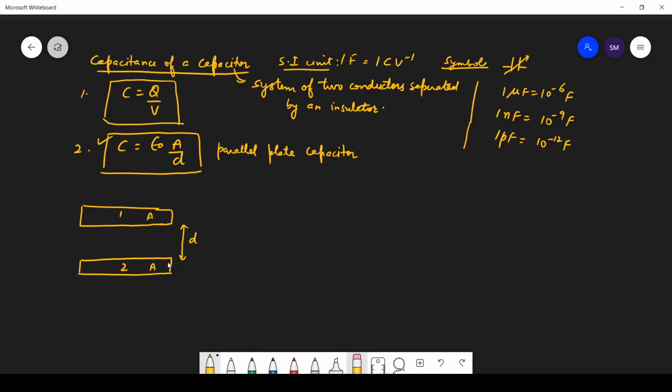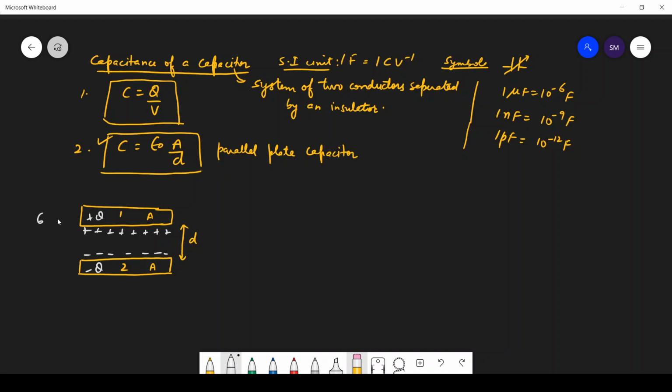And these two plates have charge, so this plate has charge plus Q and this plate has charge minus Q. So we can show it over here. Now the surface density of plate 1 is given by nu.